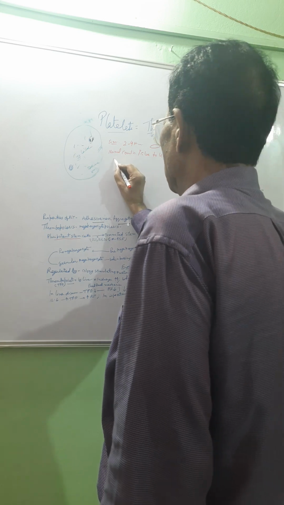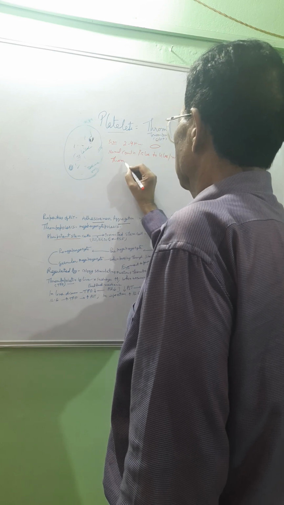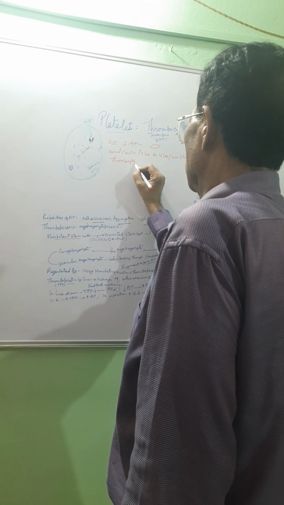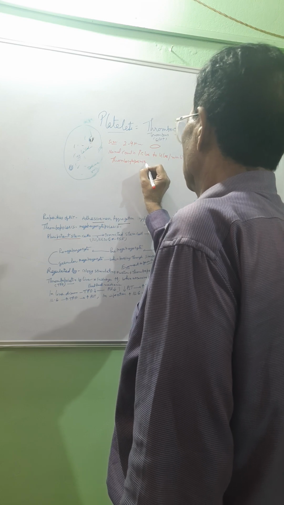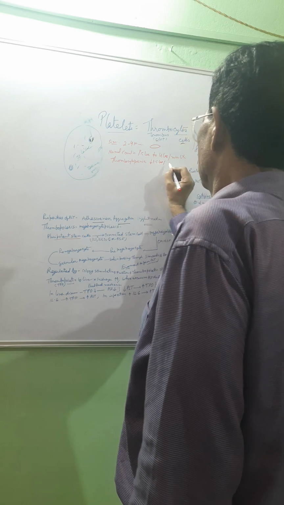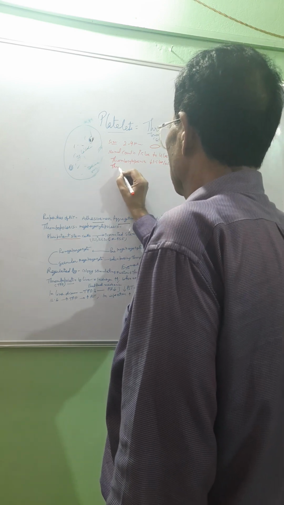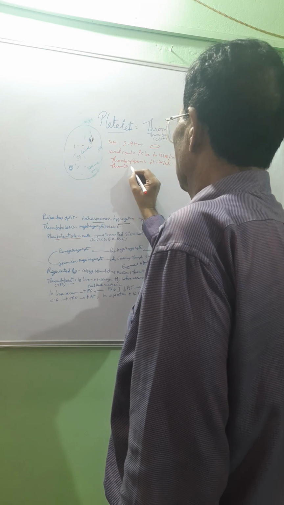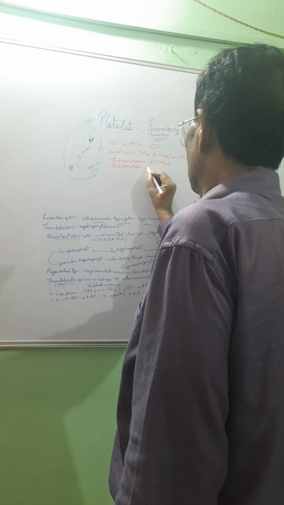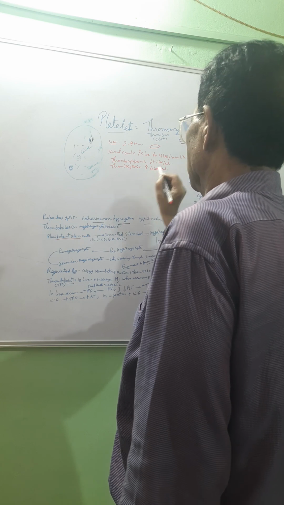When it is less than 1.5 lakhs per microliter, it is known as thrombocytopenia. And when it is more than 4 lakh per microliter, it is thrombocytosis.